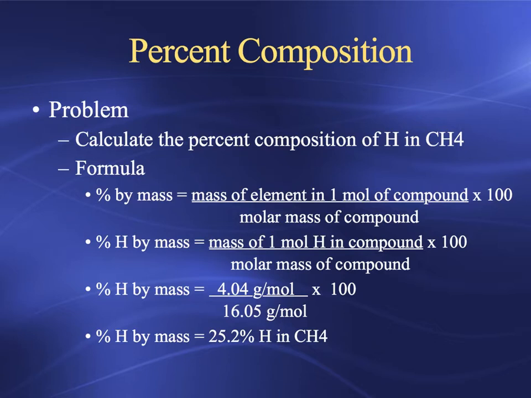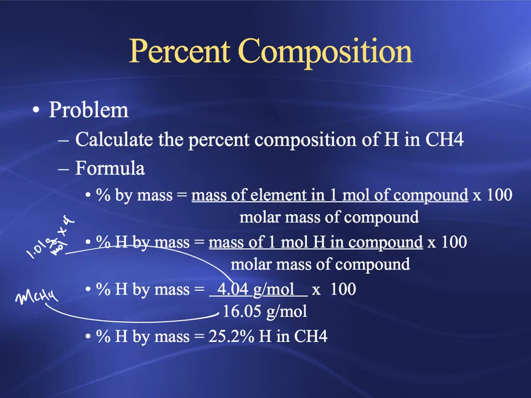That number comes from the 1.01 grams per mole. Again, always include units, don't forget to do that, times 4. That's where that's coming from, because there were 4 hydrogens. The bottom part is the molar mass of the whole compound of CH4. That's the 12.01 plus the 4.04 added together, times 100. And you get the percent by mass of hydrogen in methane is 25.2%.